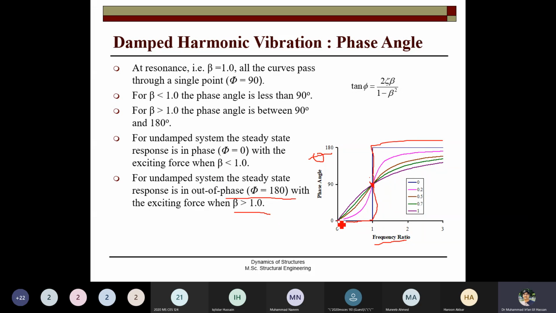Initially the phase angle remains 0 for the undamped system. When the frequency ratio reaches 1, the phase becomes 180 degrees. So the response of the undamped system is totally different, and the phase angle of the damped system can be shown like that.